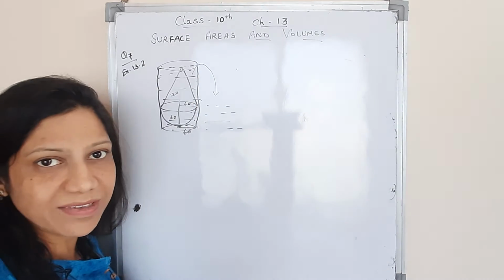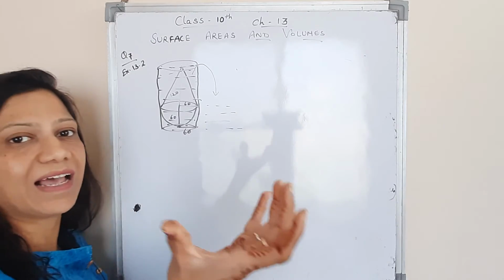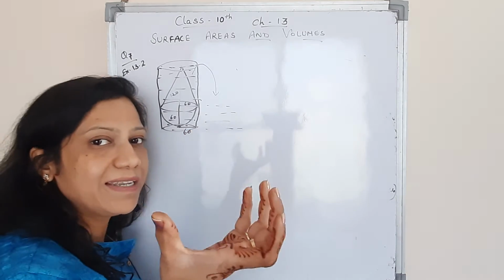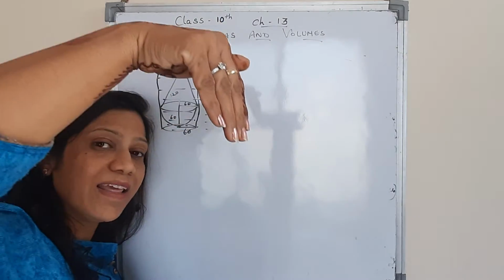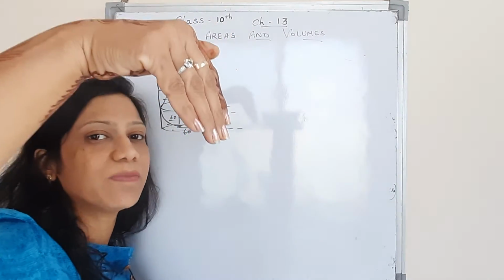Everybody knows about this, that if we are having a glass of water which is completely filled with the water, and if you put your hand even in that, then that hand will take its space.